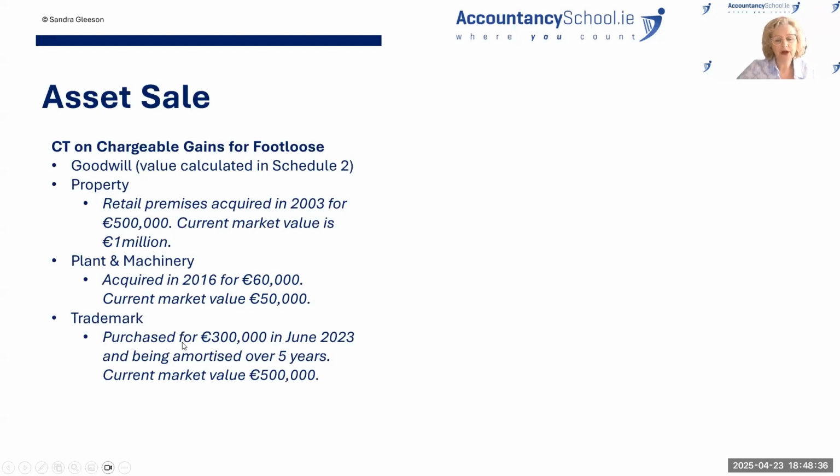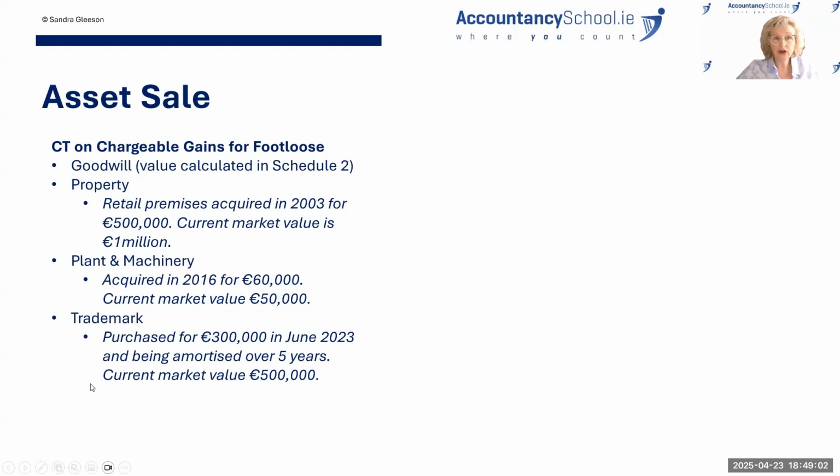Trademark was purchased for 300,000 in June 2023, and its current market value is 500,000. Is that gain taxable? Yes, it's a chargeable asset, and if a chargeable asset is sold for more than its cost, then that gain is subject to capital gains tax or corporation tax on chargeable gains.